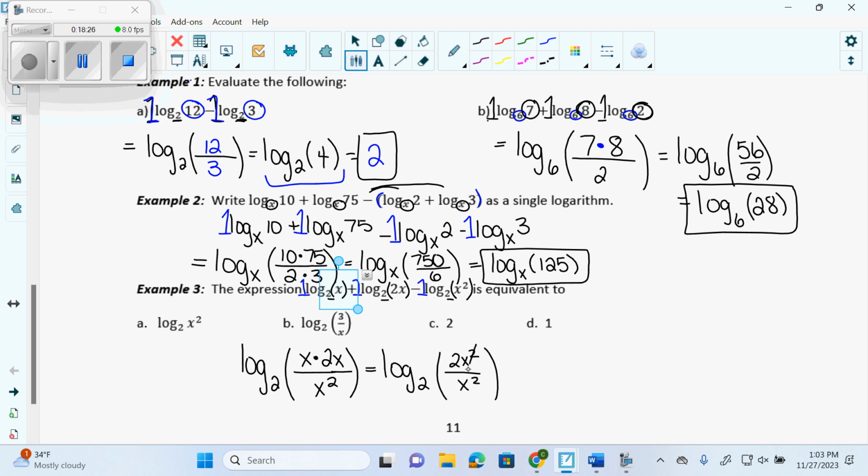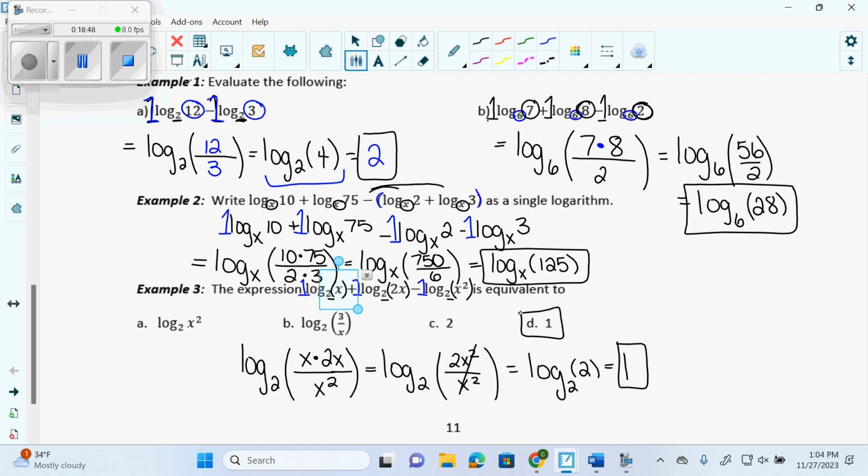The x squareds can cancel. And I'm left with log base 2 of 2. What does that equal? 1. Because 2 to what power is 2? 1. Or you can type it into your calculator and it gives you 1. Either way, we're trying to match their multiple choice answer.